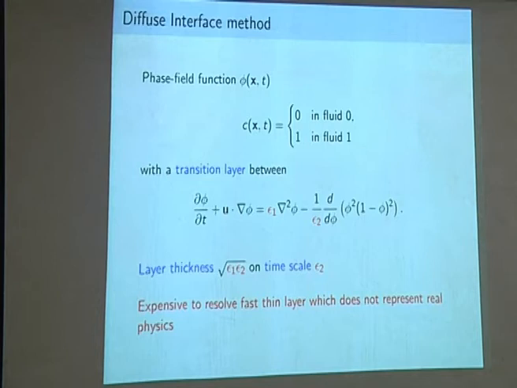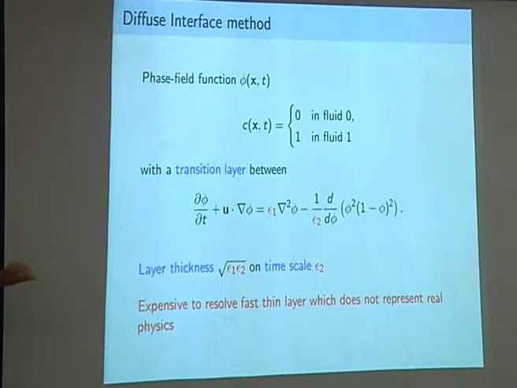The diffuse interface method, which is also called the phase field method, allows the indicator, often called phi, the phase field, to be 0 in one fluid and 1 in another fluid, but there's a smooth transition, not a discontinuous transition, in between.